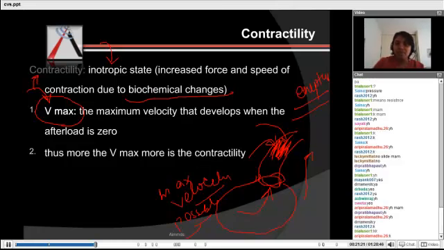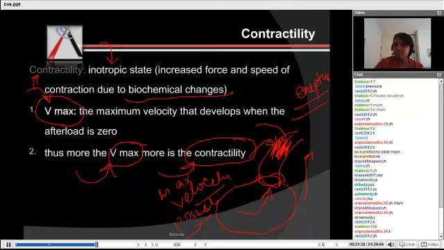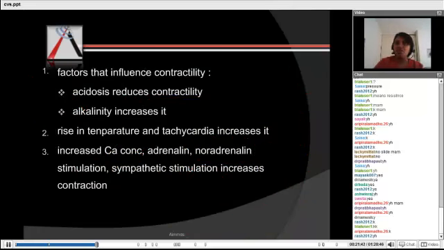So if a particular heart has more Vmax, it has more contractility. So that's what Vmax is and that's what it tells.